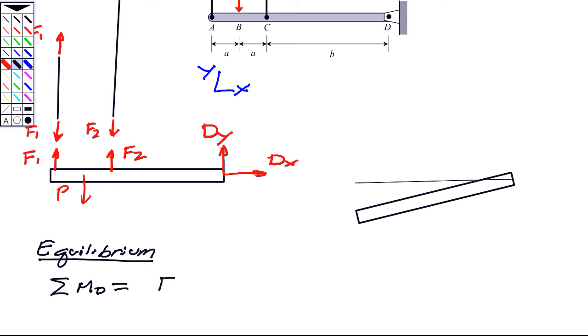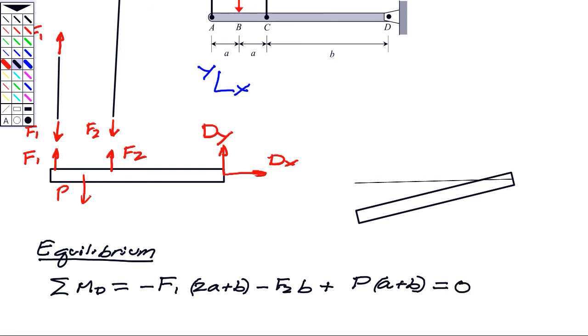F1 has a moment arm of 2a plus b. It's in the negative k. F2 has a moment arm of b, also in the negative k. And the applied force P has a moment arm of a plus b, and that's in the positive k. Putting those together for equilibrium, the sum is 0.